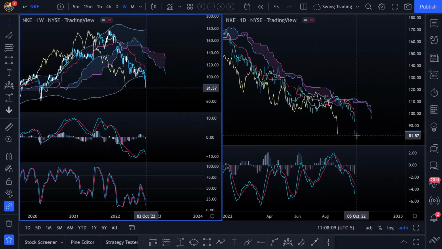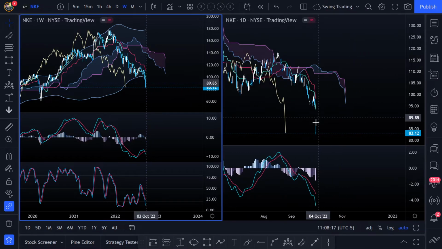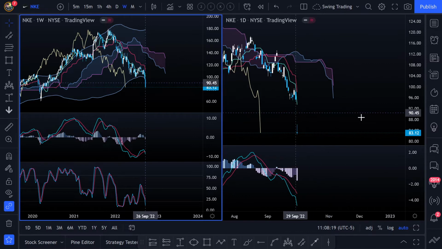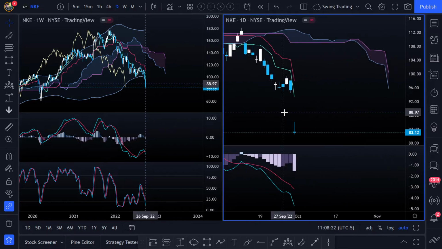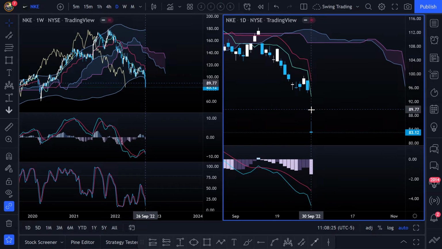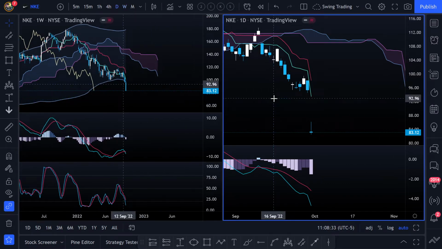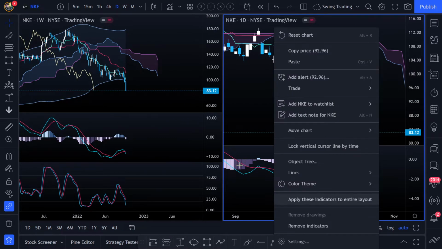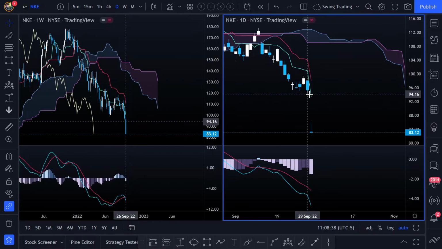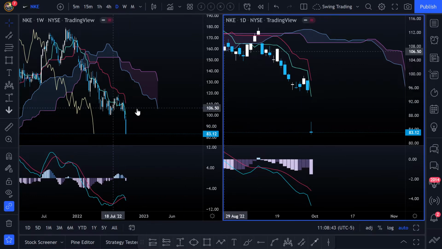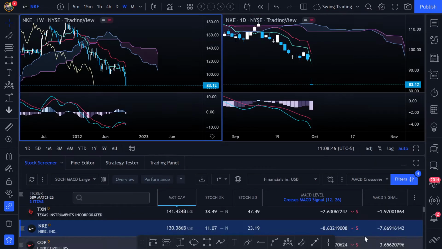So I think that the price could experience a bullish pullback because of this wide gap that was here back on Friday, September 30th. So I might skip this one. And if you are a gap trader, perhaps you could play this one, but I am not. I don't know how to play that. So moving on to the next one.